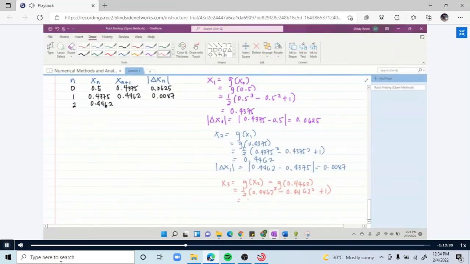0.4449 is correct. 0.4449. Okay, now what is delta x sub 2? It's 0.4449 minus 0.4462. Absolute value.